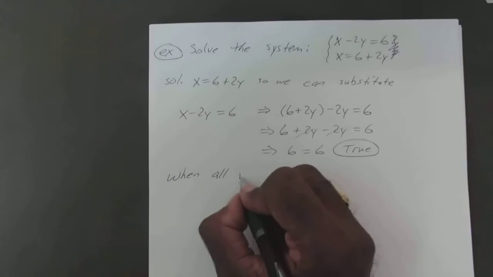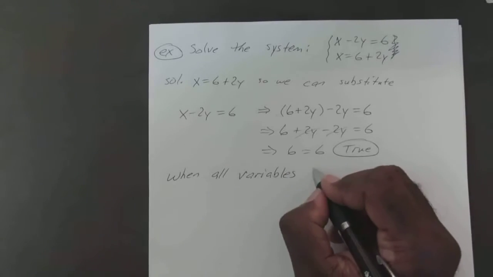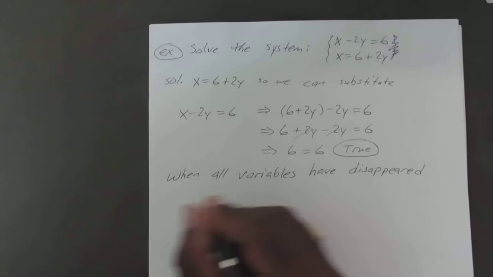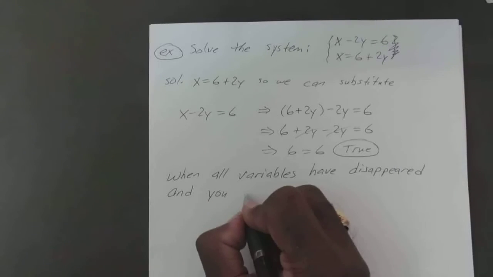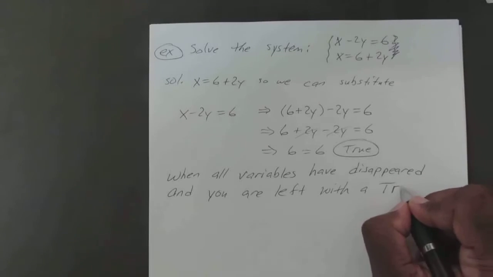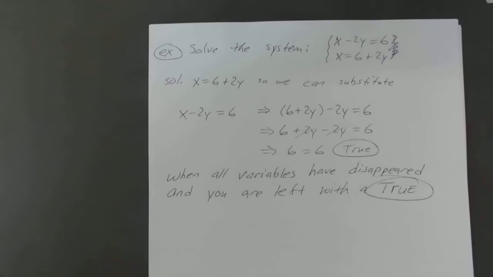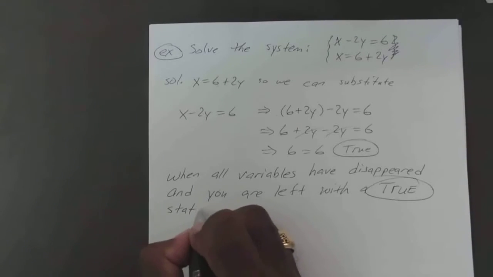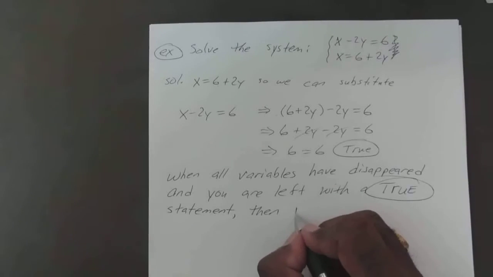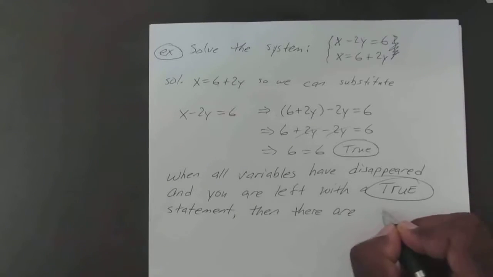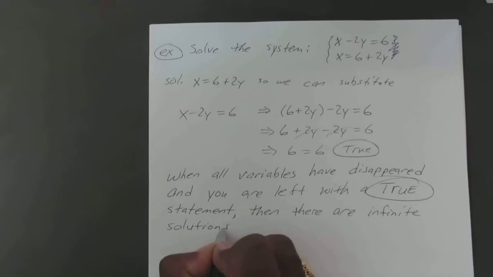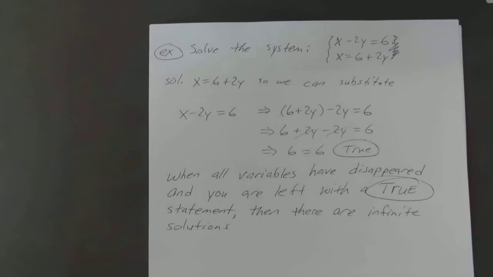So when all variables have disappeared, and you are left with a true statement, that's going to be really important, then there are infinite solutions. And when there are infinite solutions, that means it's a dependent system.